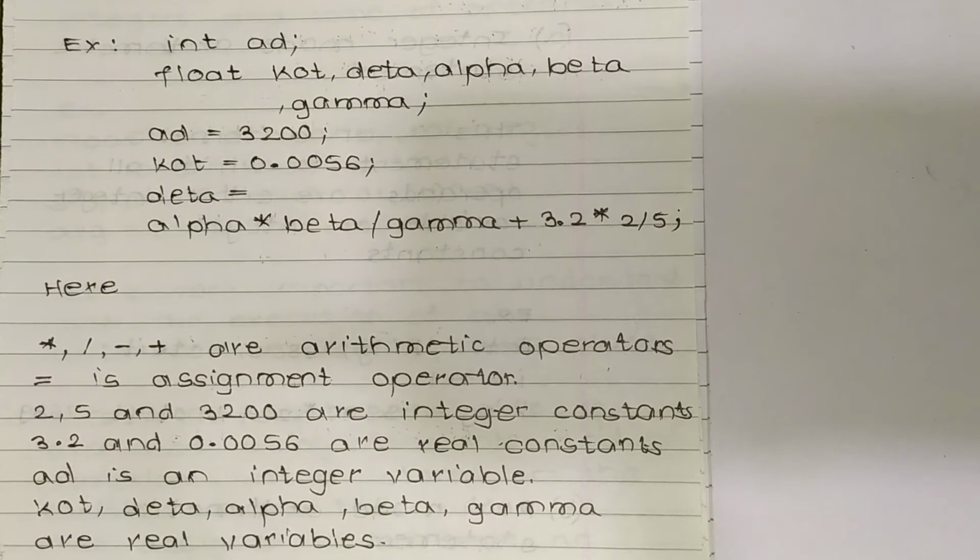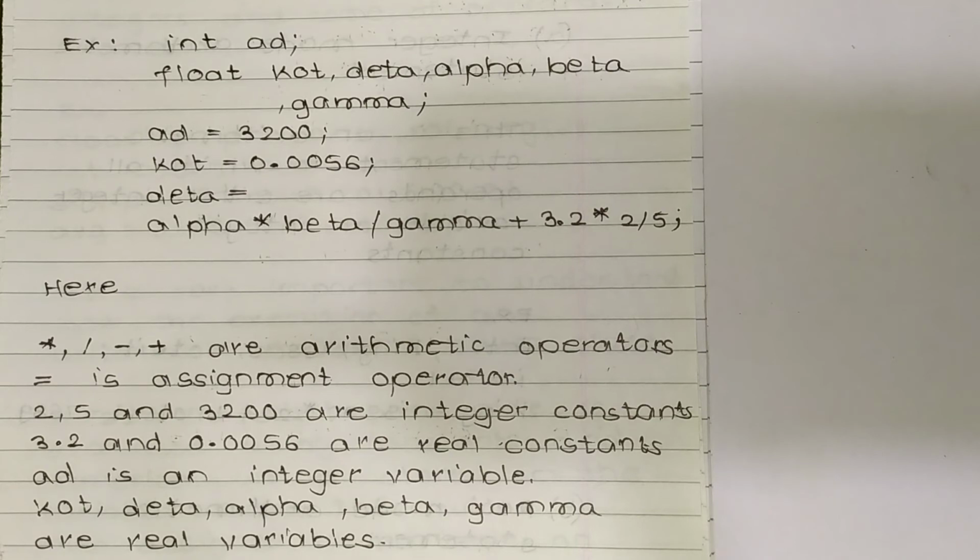So here multiplication, divide, subtraction and plus, that is addition, are arithmetic operators, and is equal to is the assignment operator.